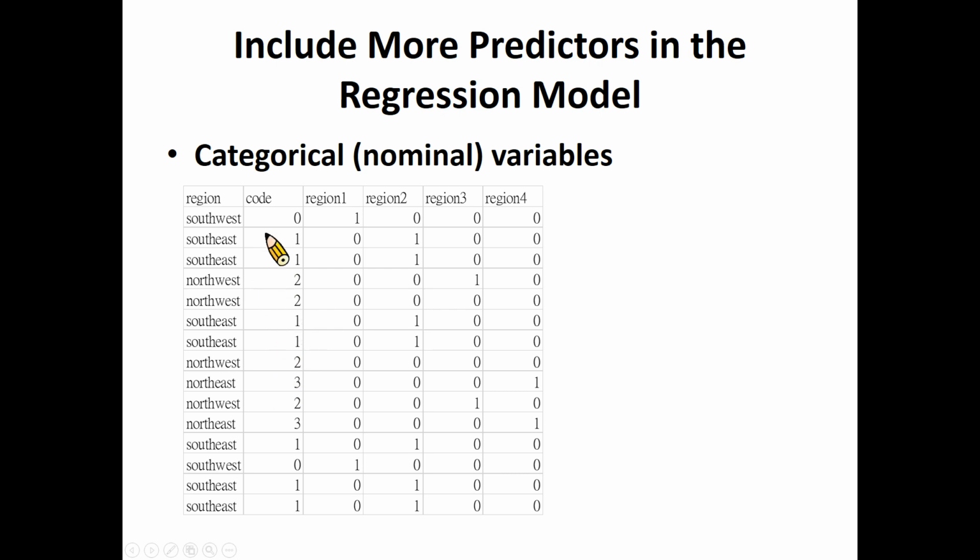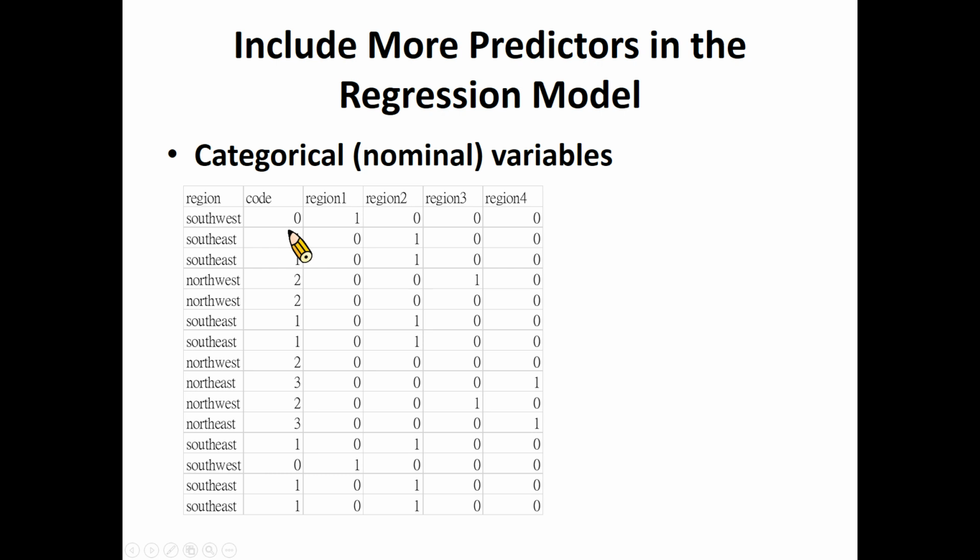So this 0, 1, 2, 3 has no particular meaning in the regression. If you arbitrarily assign 0, 1, 2, 3 in the regression model, it will give you a very odd result. So for a categorical variable, we should create dummy variables.